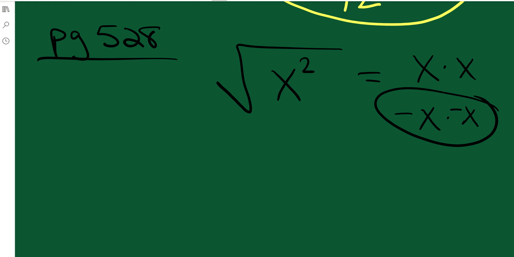We want them to realize you can have a negative variable, but your answer is going to be enclosed in the absolute value signs, which are the two bars that go straight up and down. If we assume that they're positive numbers, then we can just leave it as x. But if we cannot assume that the variables represent positive numbers, we have to enclose them in absolute value signs.